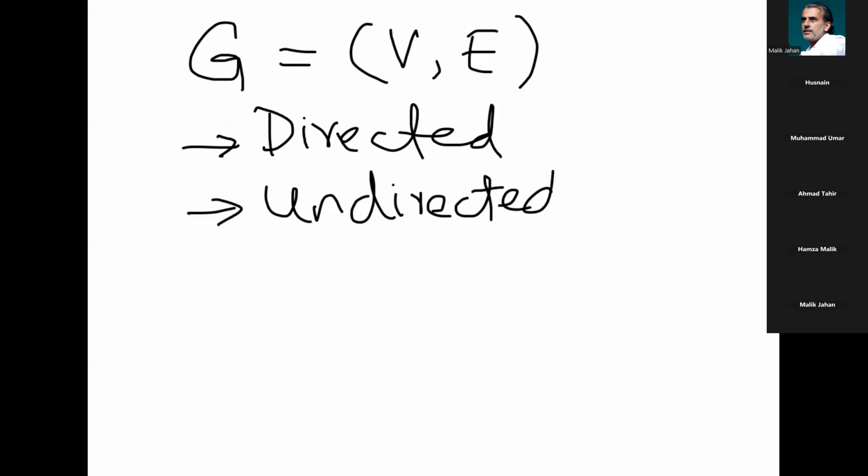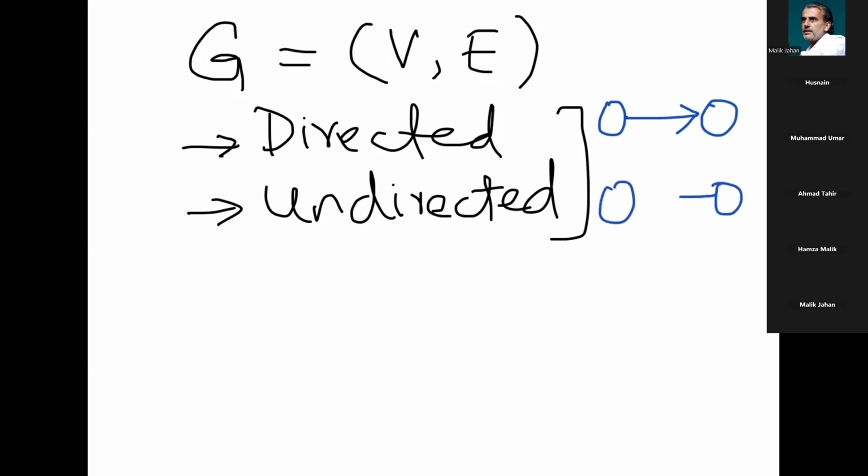The difference between both types depends on the nature of the edges. If each edge in the graph is a directed one, the line segment between two vertices has an arrow on it denoting the direction. That means we are talking about one directional traffic. And in undirected versions, we can have traffic in both directions.